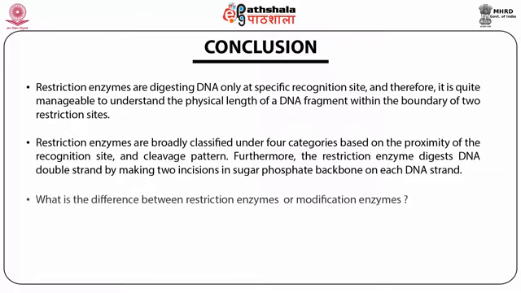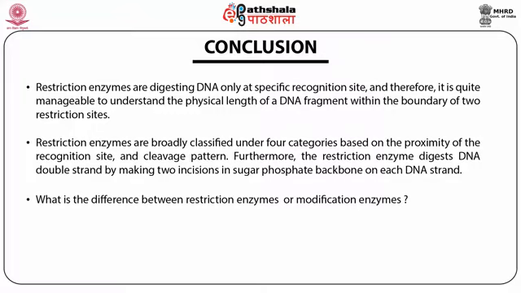The third point is, what is the difference between restriction enzymes and modification enzymes? A restriction enzyme cuts the DNA strand within the sequence. However, there are different DNA fragments which have to be modified for cloning purposes, and the enzymes which modify the various ends, or the 2 different ends of DNA, are called modification enzymes.